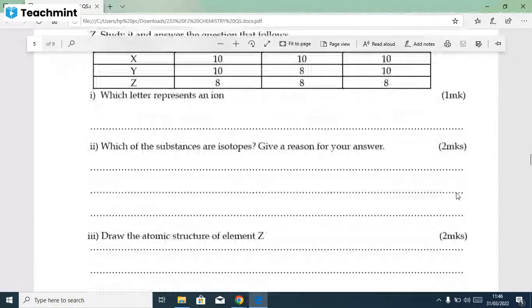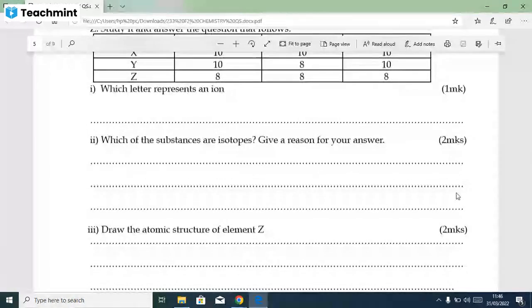Part 2. Which of the substances are isotopes?